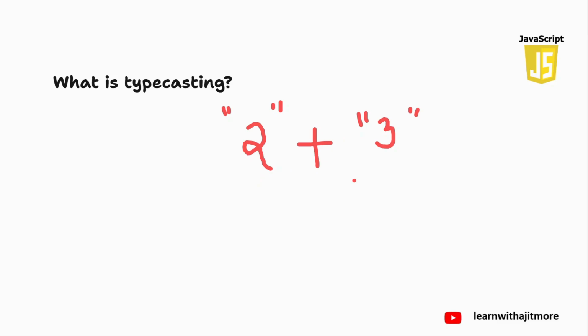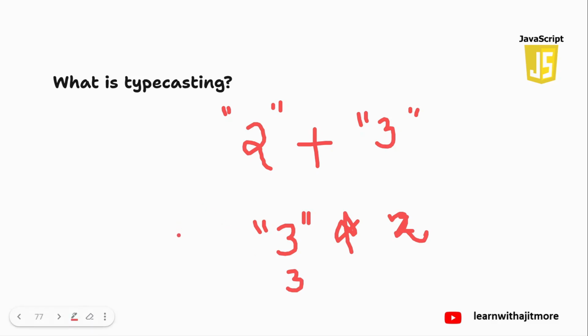And then the concatenation takes place. And suppose there is a string and a number, but you are doing multiplication, like a string times 2. In this case, the string gets converted to a number. So who is doing it? Your JavaScript engine only is doing it. That is implicit.